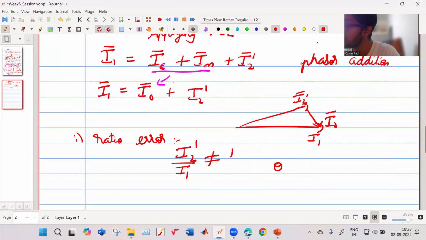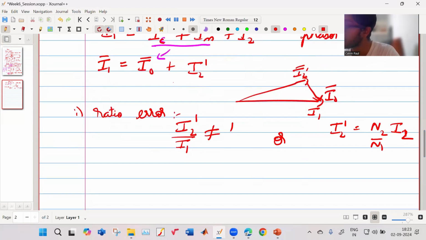What is my I2 prime? I2 prime is equal to N2 upon N1, I1 upon I2, right? So my N2 I2 upon N1 I1 is not equal to 1. This is the ratio error.